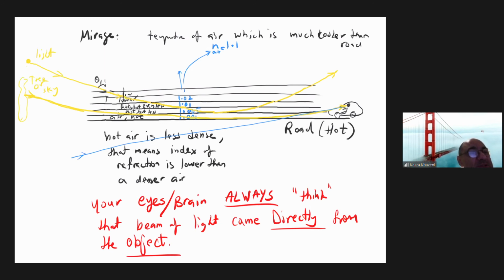But this thing in red is extremely important to realize. Your eyes, in conjunction with your brain, always think that the light comes directly from the object. So in this mirage situation, that blue line is where they think the object is. Your brain thinks the object comes directly, even though the actual beam is doing a curvature travel, as you can see.